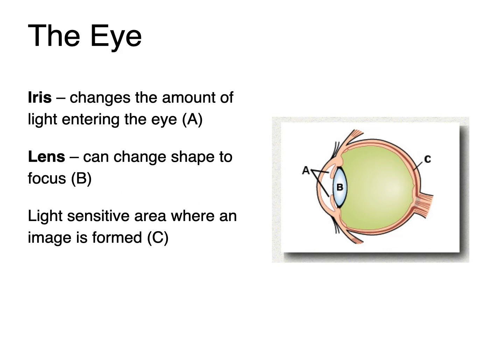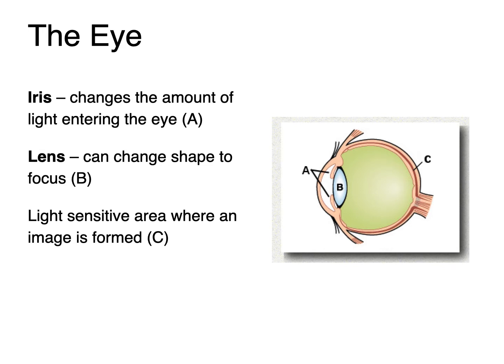First we will see the camera as our eye, and relate it to an eye. The three things, iris, lens, and light sensitive area, are all related to the digital camera. As you can see from the picture, the iris changes the amount of light entering the eye.